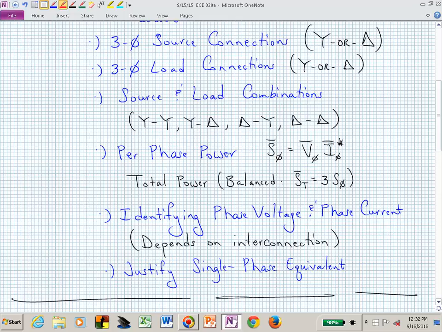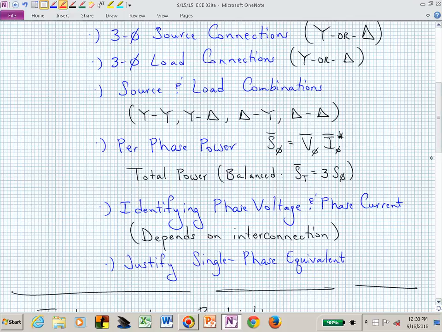If we have a balanced system, then we can just triple that, because each of the phases will have the same power associated with them. The A phase, B phase, and C phase will have exactly the same real and reactive pieces, and we can just multiply one phase by 3 to obtain the total complex power.